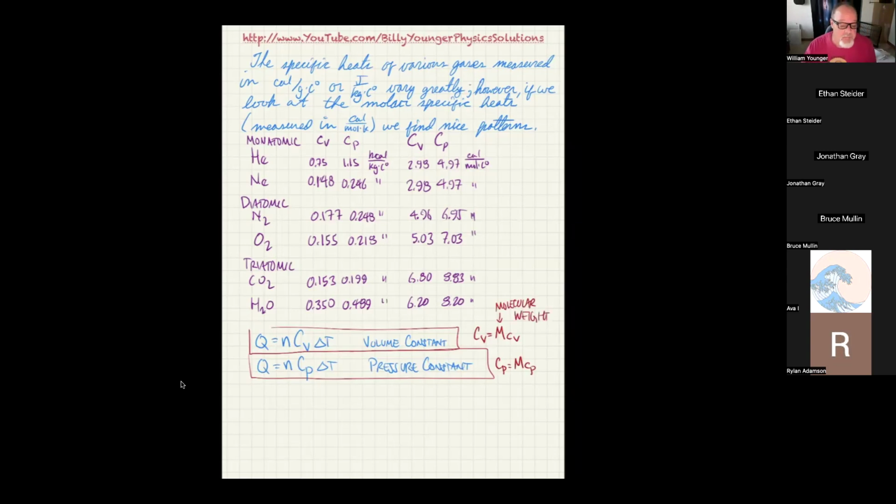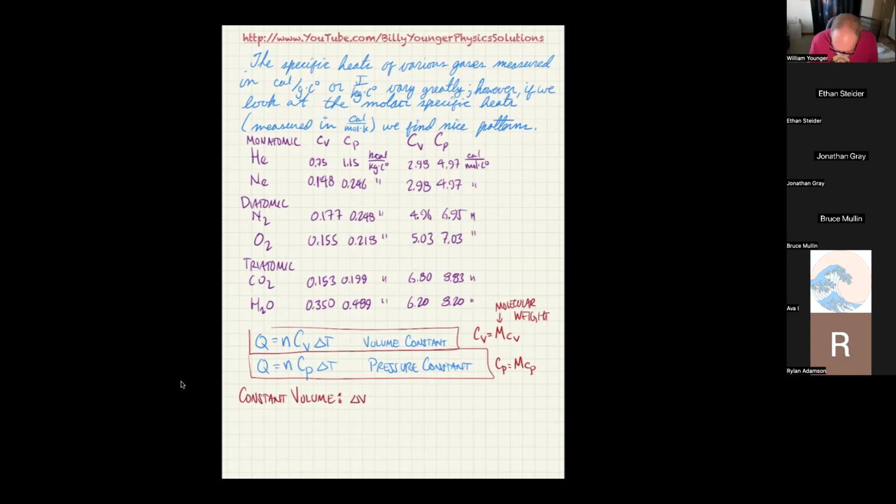So that gets that. Now, if you actually have a constant volume, when you're doing that, then the first law of thermodynamics changes a little bit.